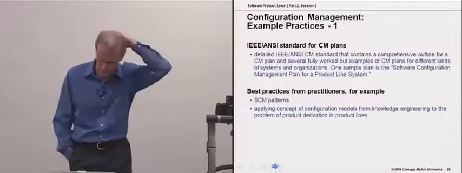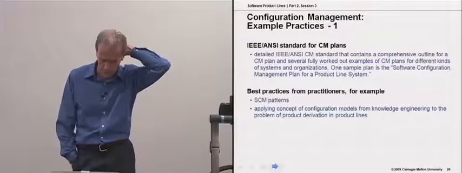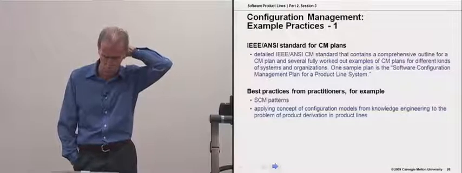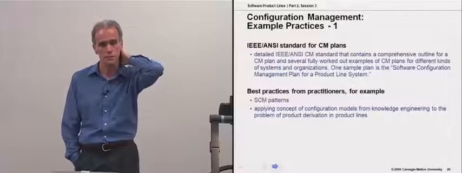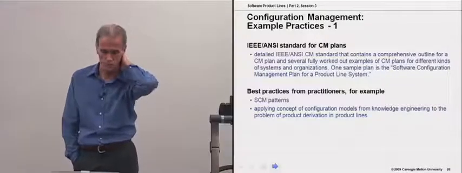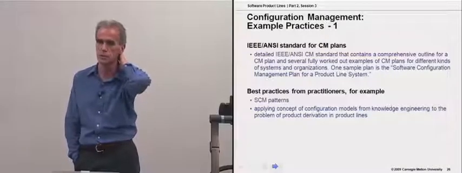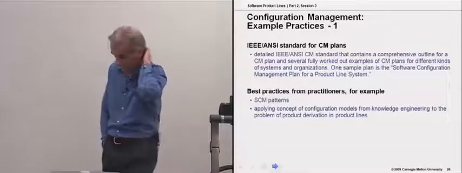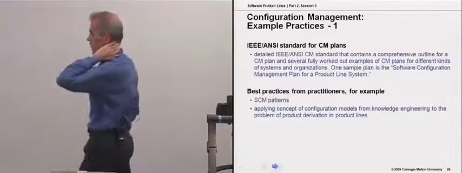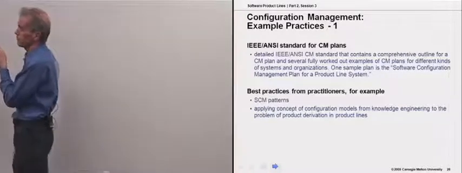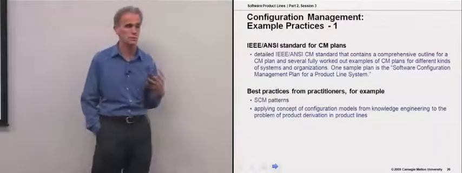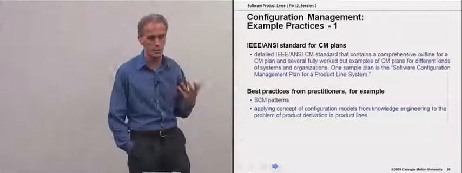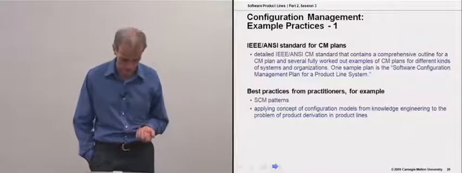One of them, I think the configuration management plans one, is actually much newer. There's a much more recent revision than the one for configuration management, which dates from, I think, 1987. But there is some guidance in there. The one that has the sample plan for a product line system is not a software product line system, but it just talks about configuration management in a multi-system context.